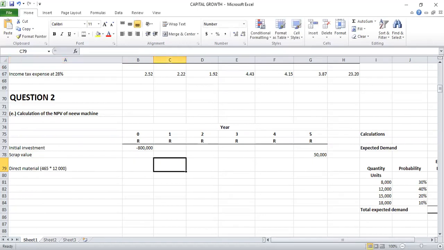What do we get? 5,580,000. So every year, this will be negative 5,580,000.